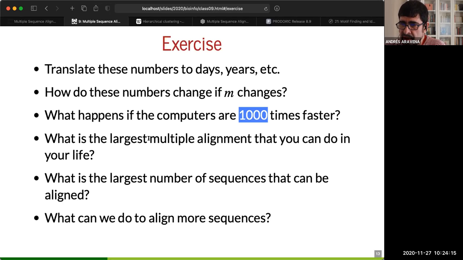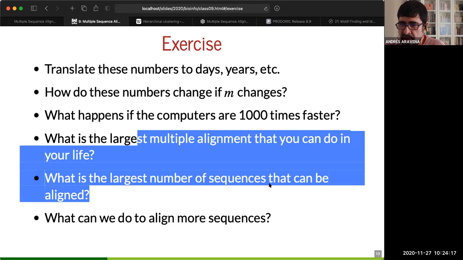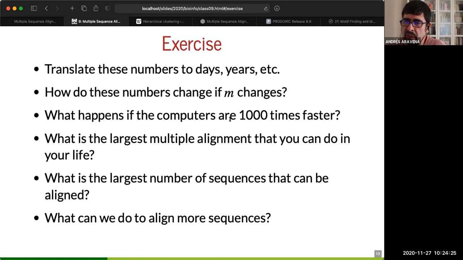And the truth is doing real alignment with 10 sequences is beyond, my point is this, it's not beyond our capacity, it's beyond any capacity. This is the kind of problem that is solved in theory, but not in practice.